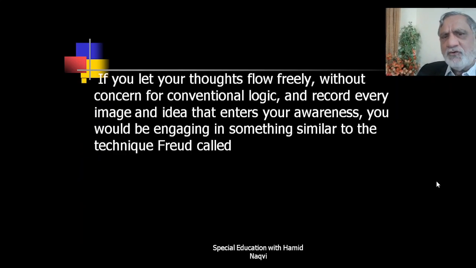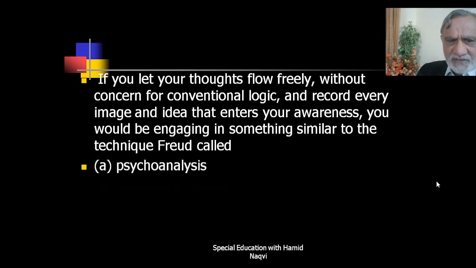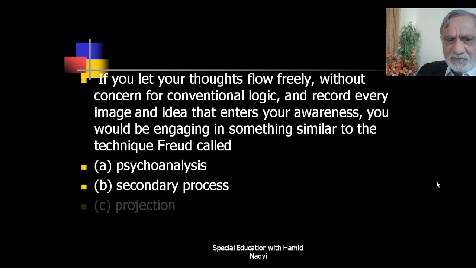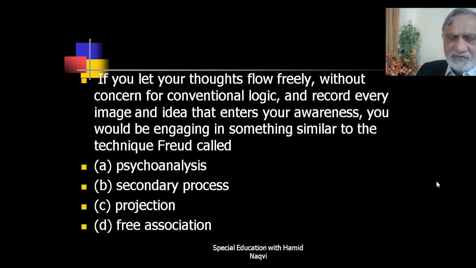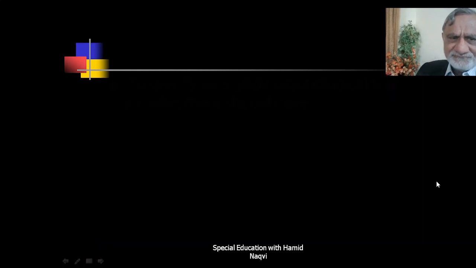If you let your thoughts flow freely without concern for conventional logic and record every image and idea that enters your awareness, you would be engaging in something similar to the technique Freud called psychoanalysis, secondary process, projection, or free association? Correct is the last one, that is free association.